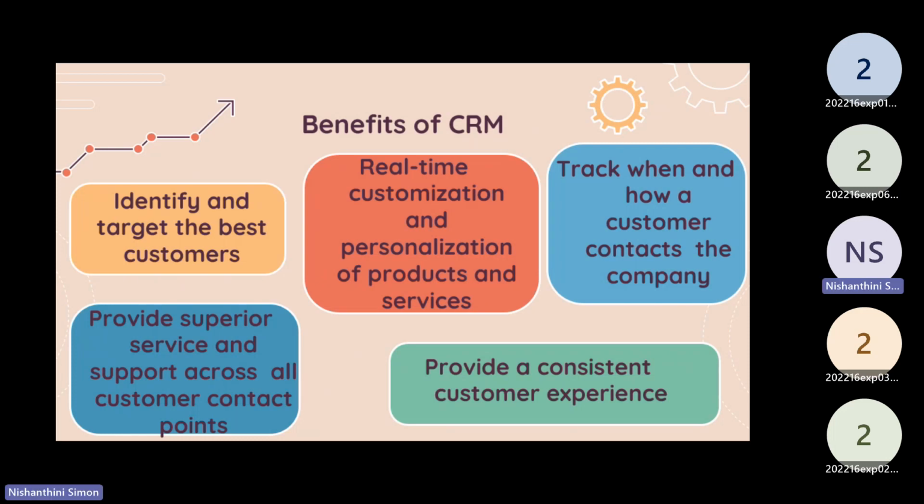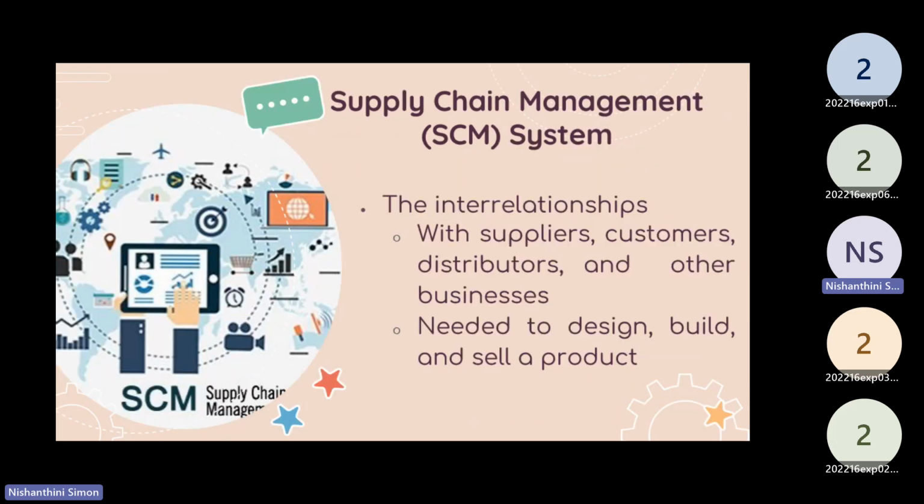Right. So CRM. Then yes, we'll move into the SCM, the supply chain management system. In simple words, what's going to happen? The entire supply chain, starting from the order, maybe from the customer side, then going backward, even from procurement, where we are going to purchase the raw material.